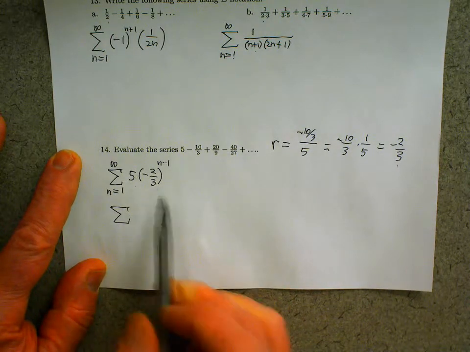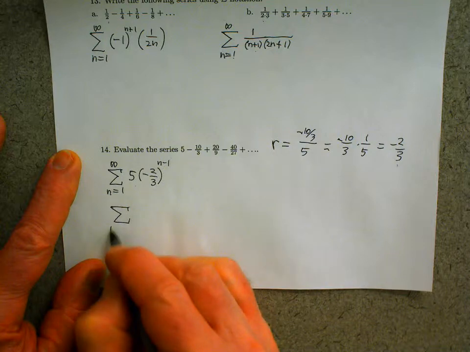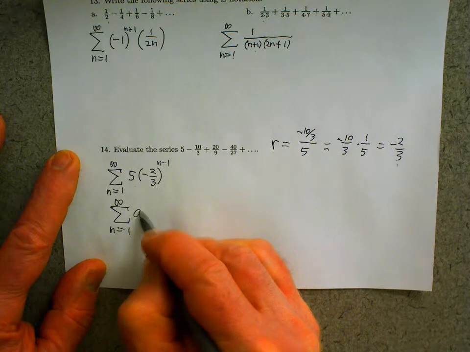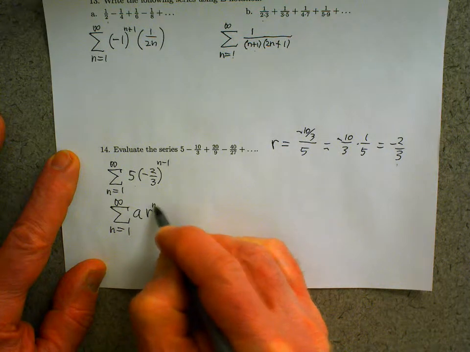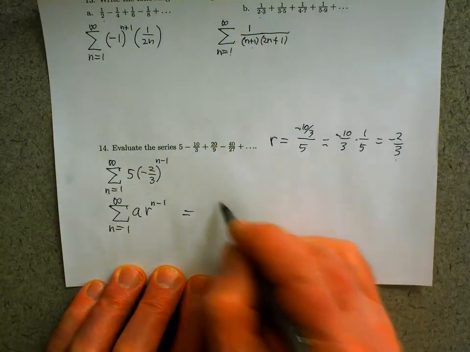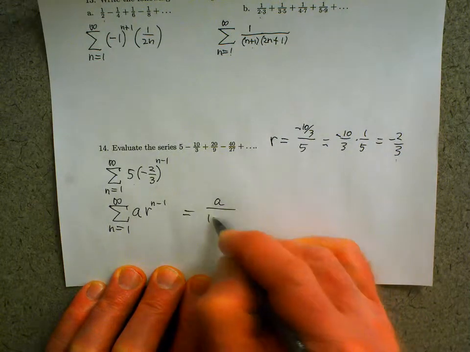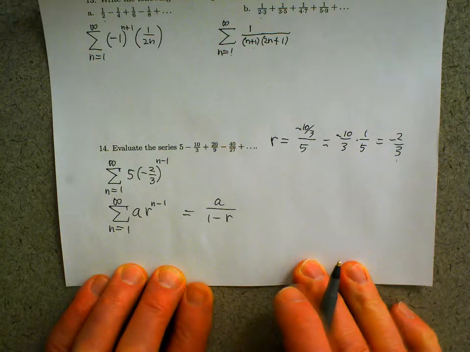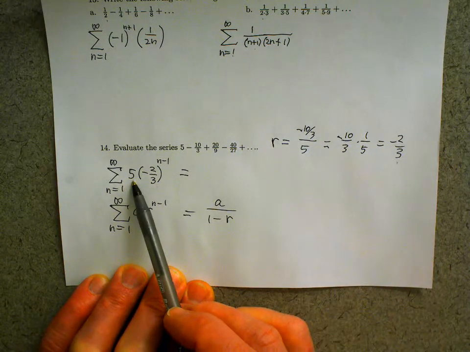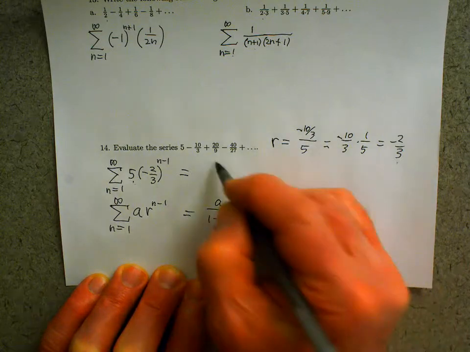So if the common ratio is between negative 1 and 1, then this will converge to a over 1 minus r. So in this one, the value of a is 5.